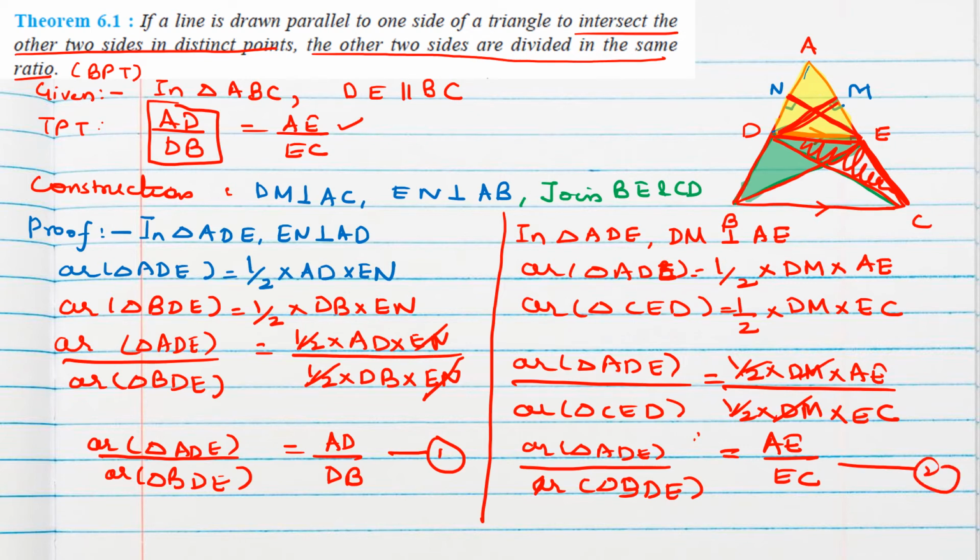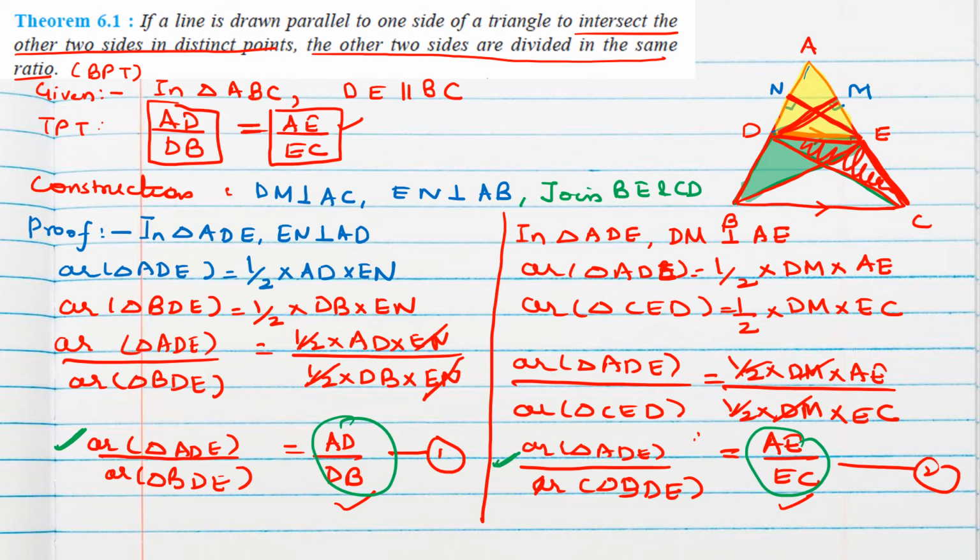If you check the right hand side of expression 2, we got the right hand side of the statement to prove. So in equation 1 the LHS is there, in equation 2 the RHS is there. But how to prove that they are equal? If somehow we can prove the left hand side of expression 1 and the right hand side of expression 2 are equal, then we can write both these ratios are equal, isn't it?